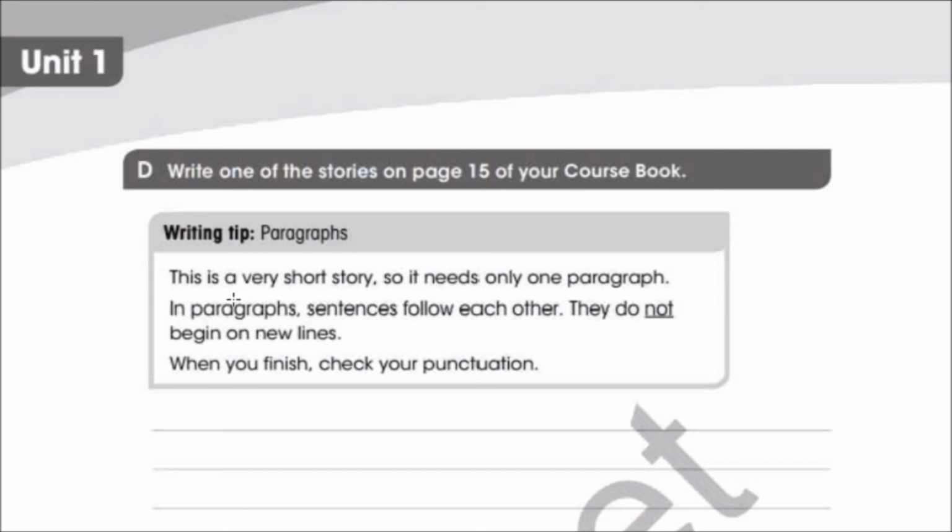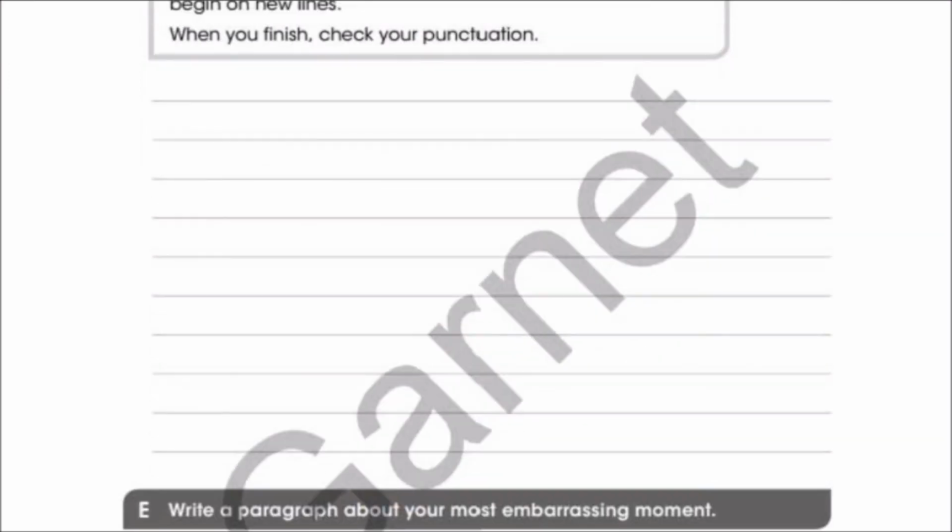This is a very short story, so it needs only one paragraph. In paragraphs, sentences follow each other. They do not begin on new lines. When you finish, check your punctuation. Now in this space here, you're gonna write the story, and then when you finish, you're gonna give it to the teacher so he can check it out.